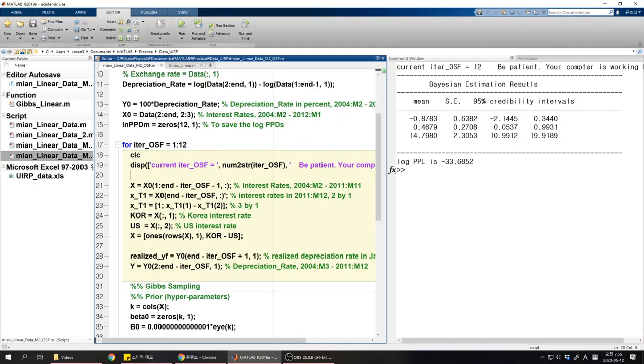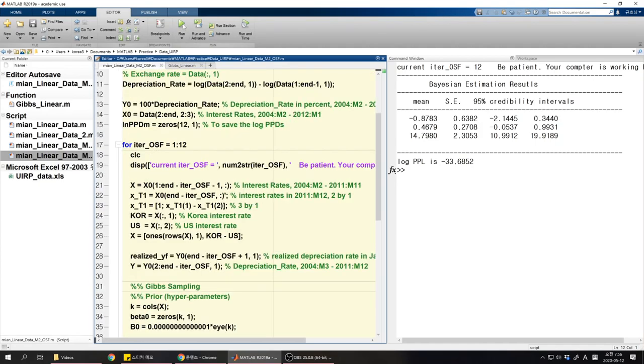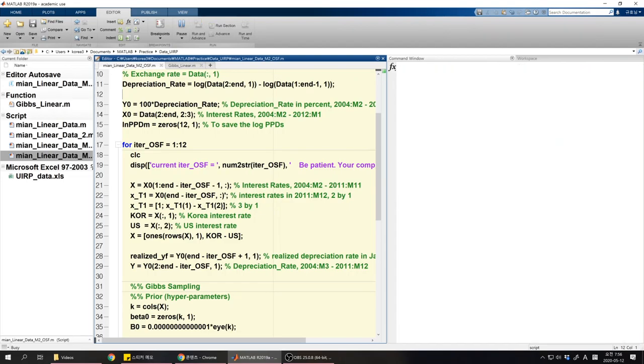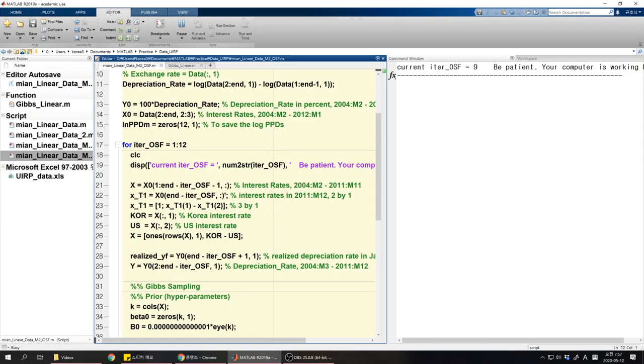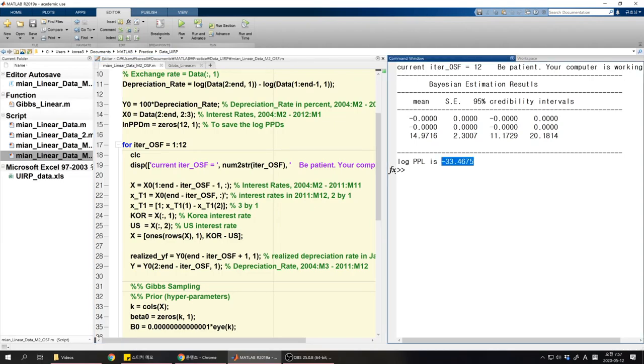Okay, let me try. Let's run this again. Yeah, similar, right? Quite similar, right?